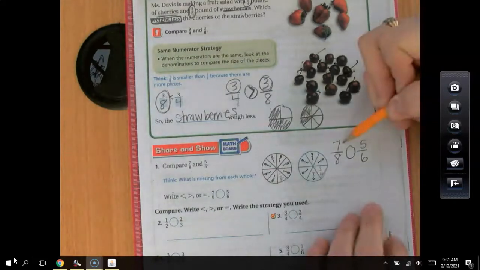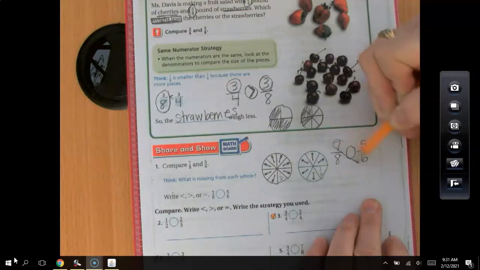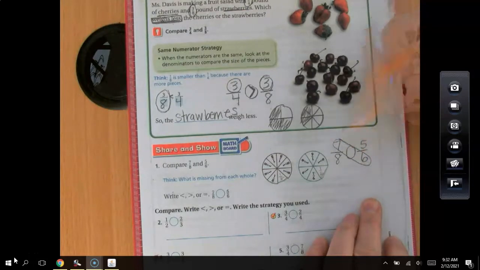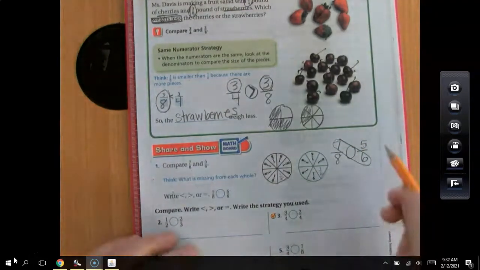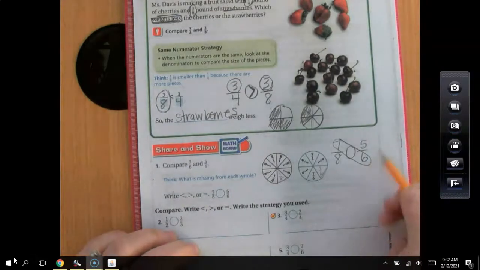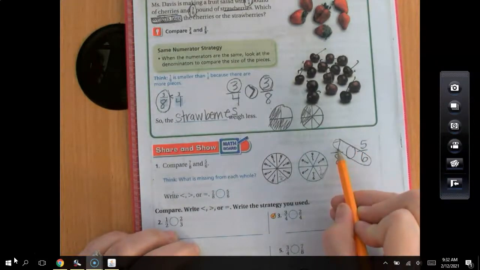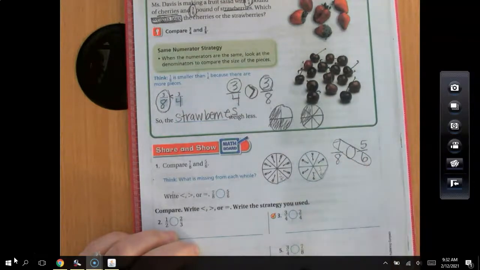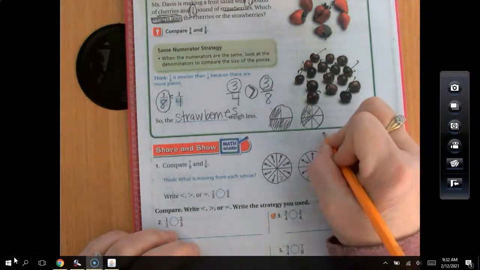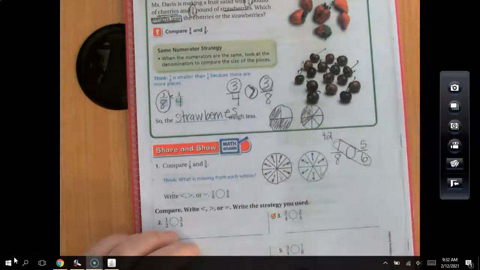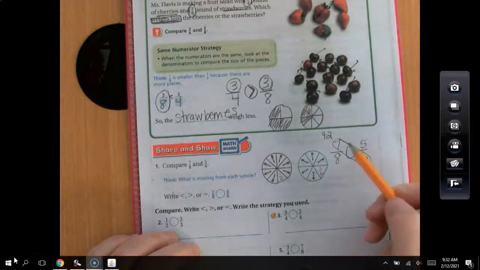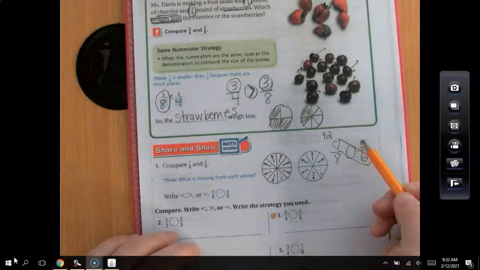So I'm going to circle these two numbers, and I'm going to multiply them. Boys and girls, what is 7 times 6? 42. Very good. So I'm going to put 42 on top, okay? I'm not finished. I'm going to cross. We're going across.